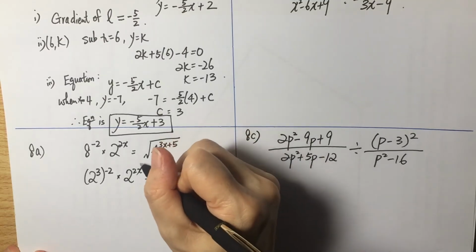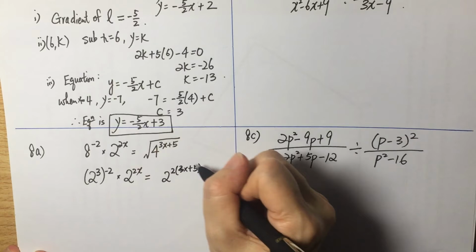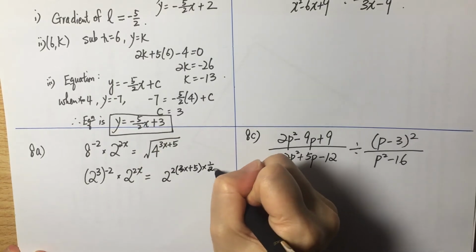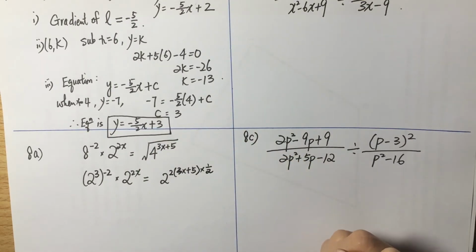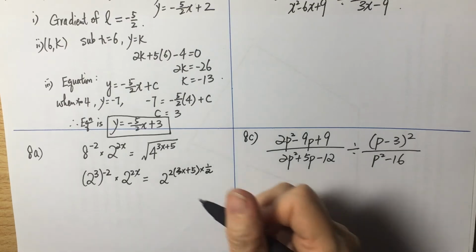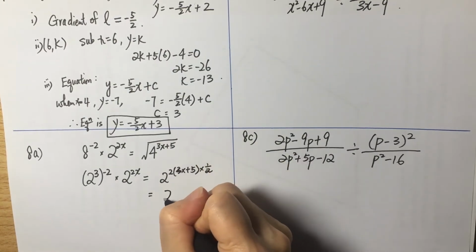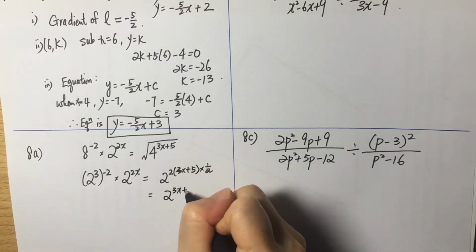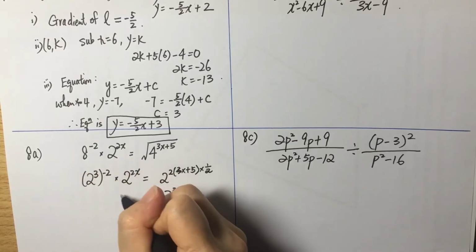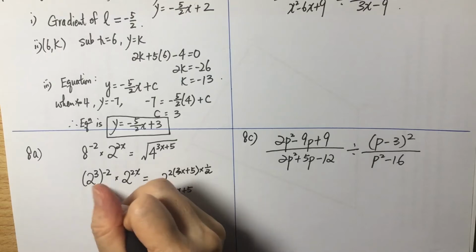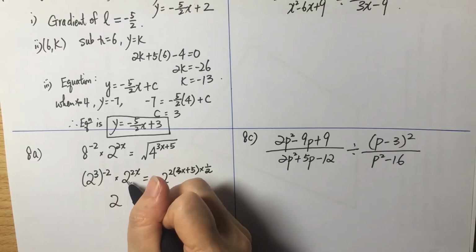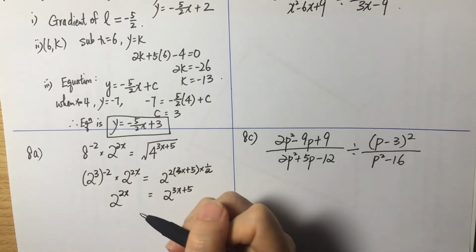Then you raise to the square root of it, which means times another power of half. So therefore, the 2 and the half cancel off. So we have 2 to the power of 3x plus 5. Over here, because they are multiplied together and have the same base, actually I can add the powers.